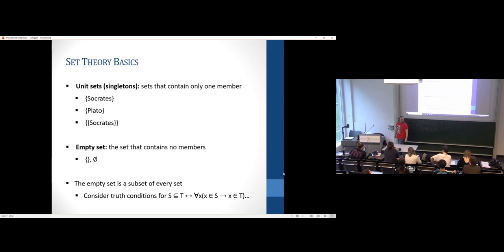And what's the truth value of a conditional with a false antecedent? It's always true. So it's always true, no matter what set T is. So the empty set becomes a subset on the cheap.